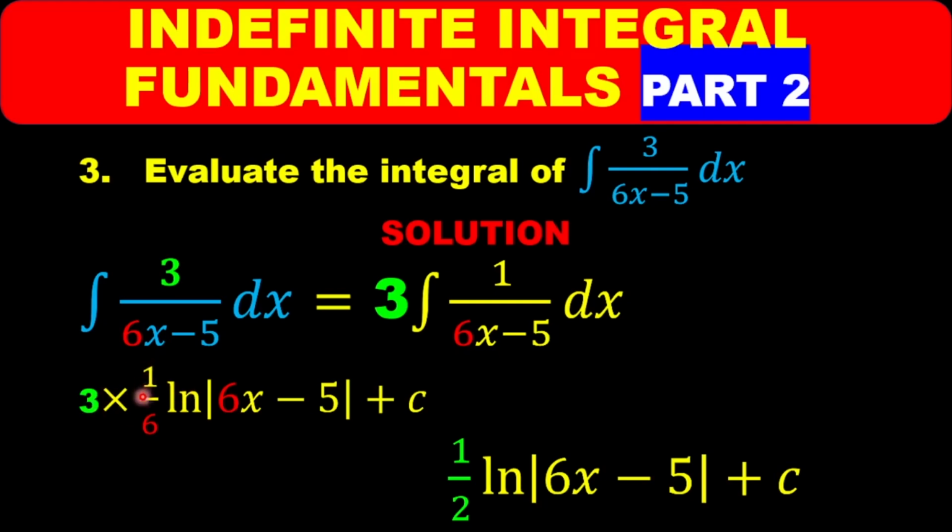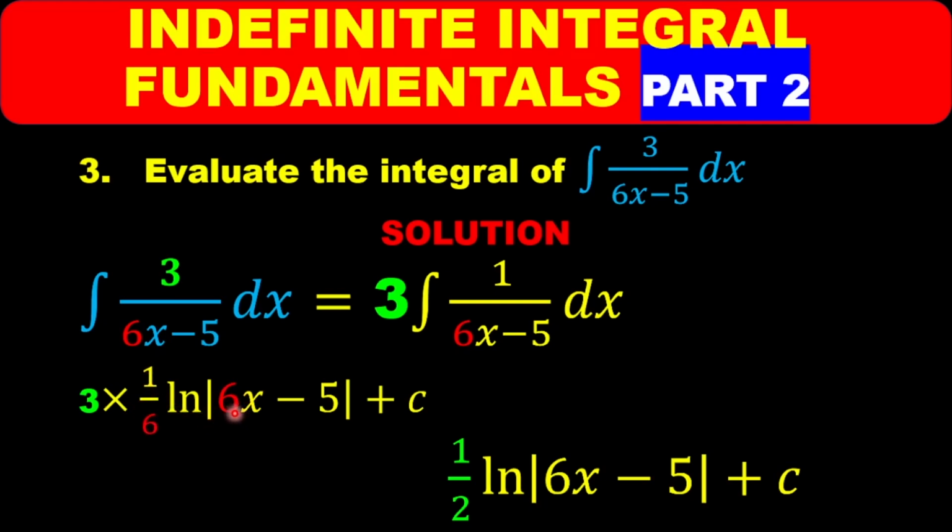Where from this 1 over 6? Well, now you see that the 6x here, we can actually find its derivative. We can differentiate this, and when you differentiate 6x, you are going to actually get the coefficient of 1 over 6. So this 1 over 6 is the coefficient when we differentiate this. Okay, so we have 1 over 6, and so that's how come we got this.